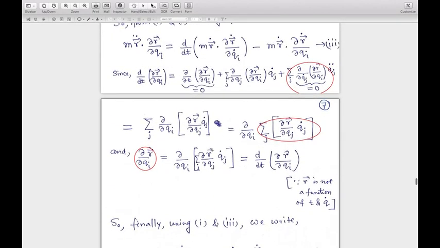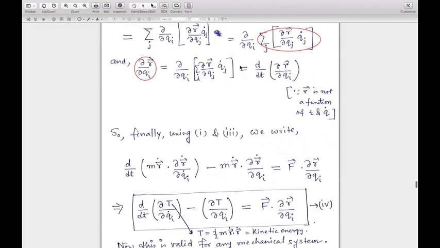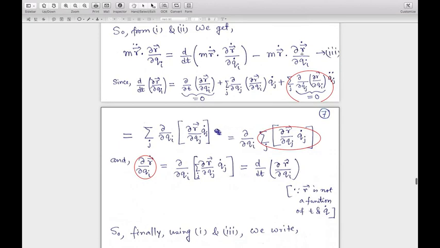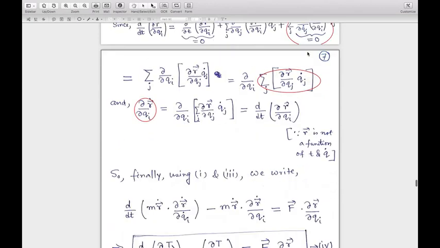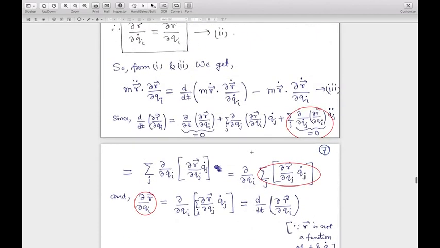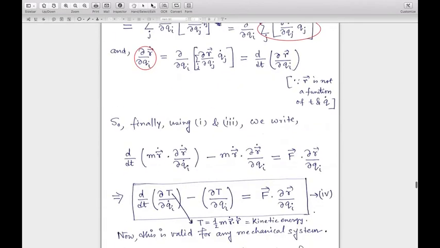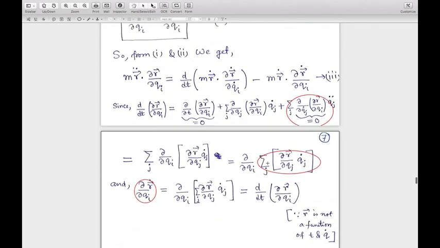In this case you can see that you have d/dt of m r dot · ∂r/∂q_i, that is unchanged, minus m r dot, now I have ∂/∂q_i of r dot. Yes, I have the same thing, I have ∂r dot/∂q_i.